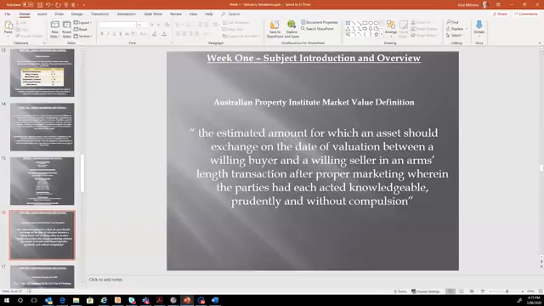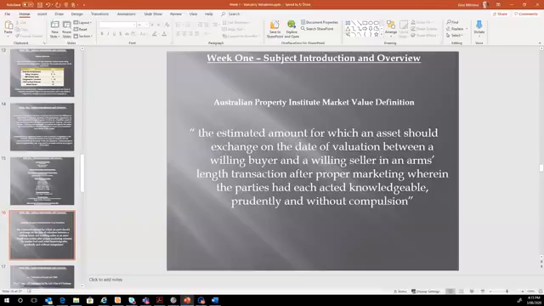If you're doing a valuation for the purposes of selling the property and estimating to the vendor what they might achieve, it's on this basis. So, simplifying this term, it's the amount at which the vendor of a property and the purchaser agree to transact.